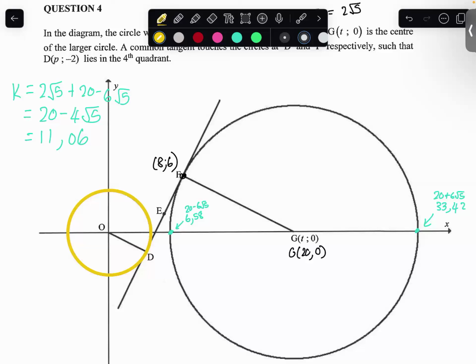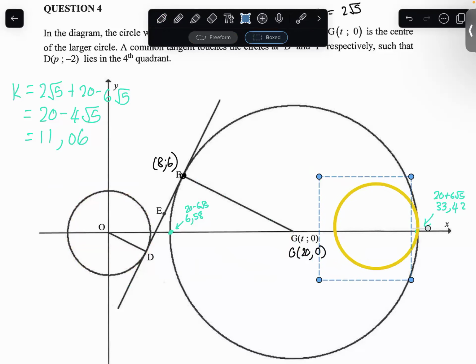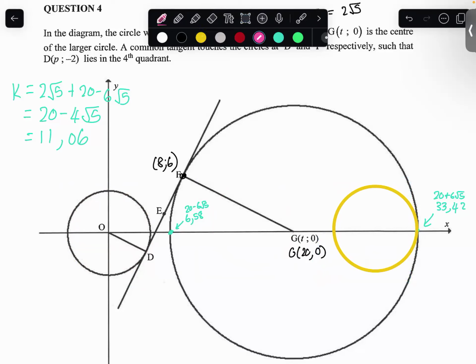The smaller circle can also touch the circle internally here, meaning this point on the smaller circle can touch this point on the bigger circle, and it's still touching the bigger circle internally. So that means it also needs to move a total of this distance.